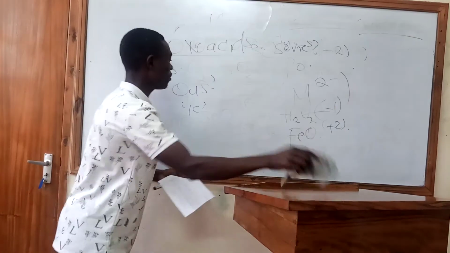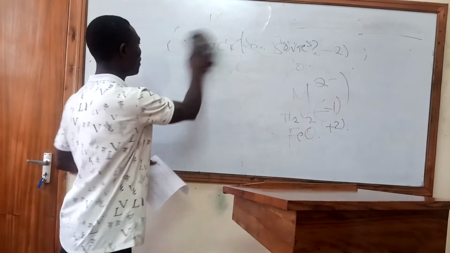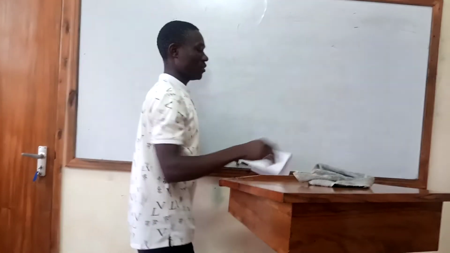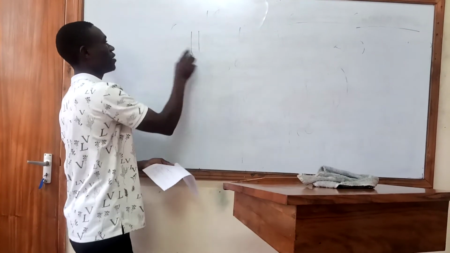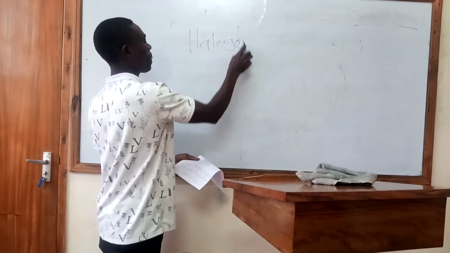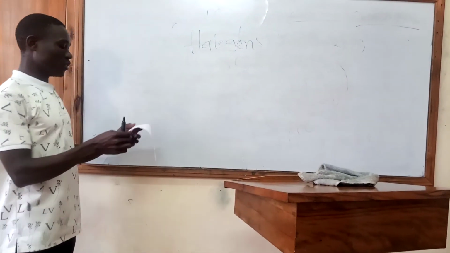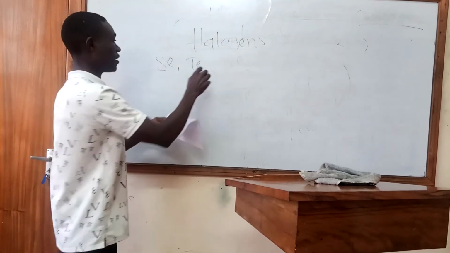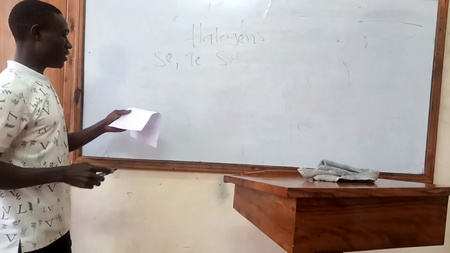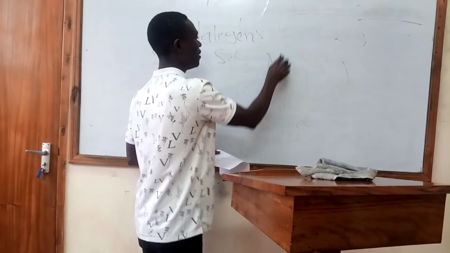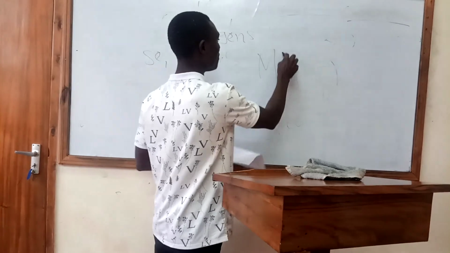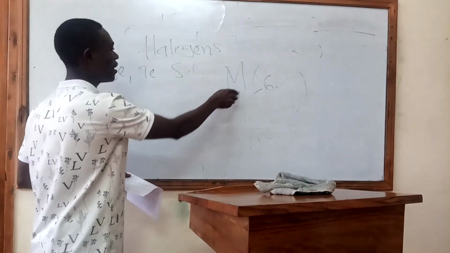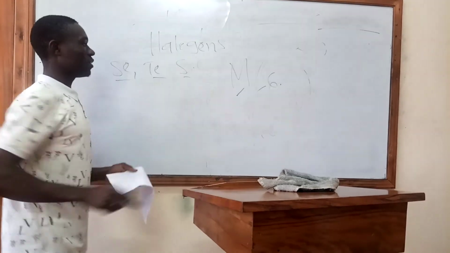Finally, we want to talk about the reaction of these elements with halogens. Selenium, tellurium, and sulfur react with halogens and form compounds with the general formula MX6, where X represents the halogen and M represents one of these elements.